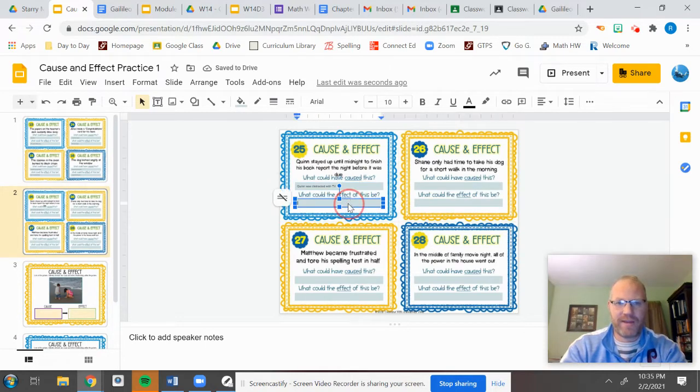Then what would be the effect of this? Maybe he didn't do it as good as he could have. Maybe he overslept the next morning. Maybe he was late to school. Maybe he was very sad. So there could be a few different effects of this. What is an effect? He didn't get enough sleep.